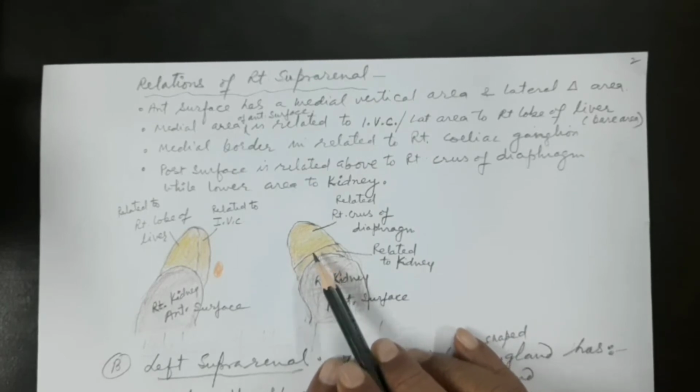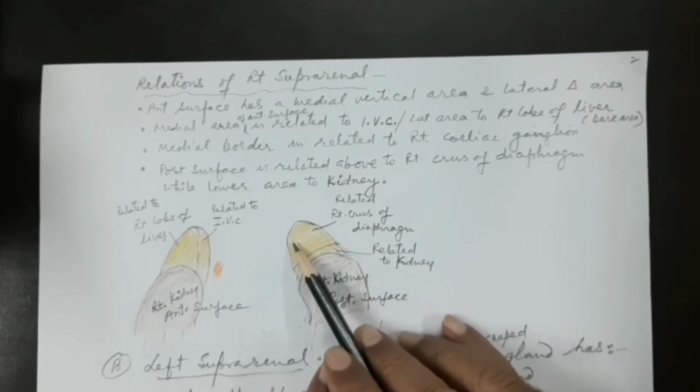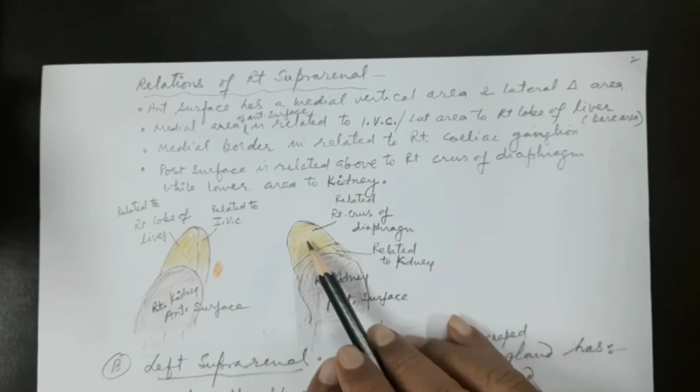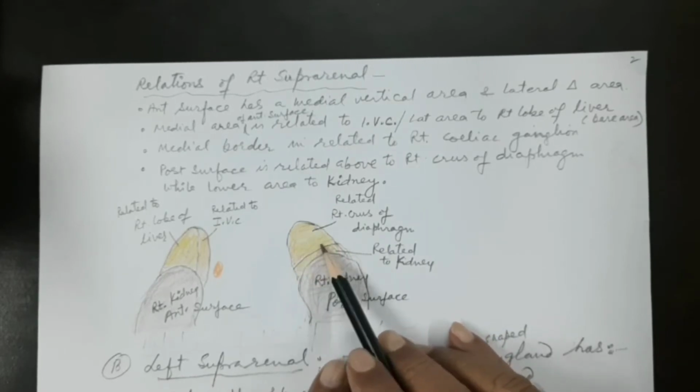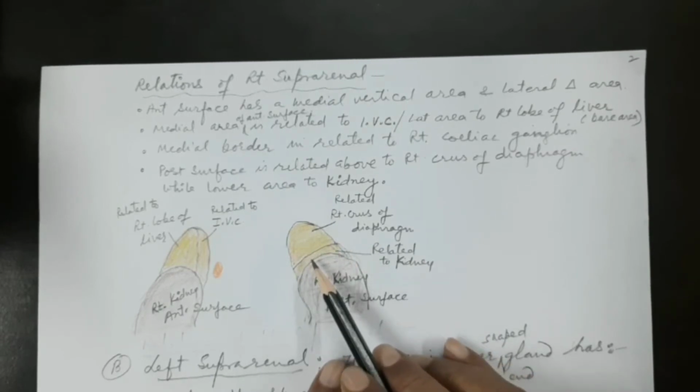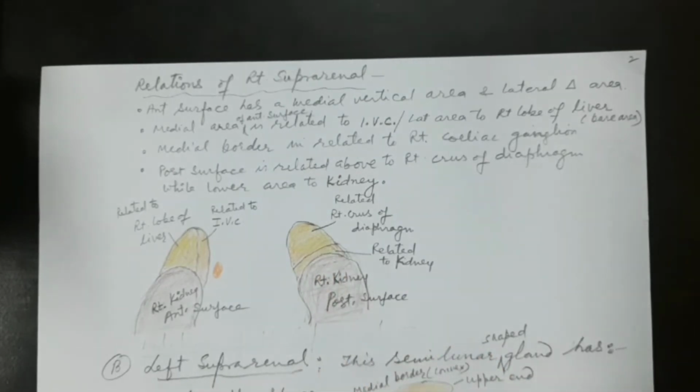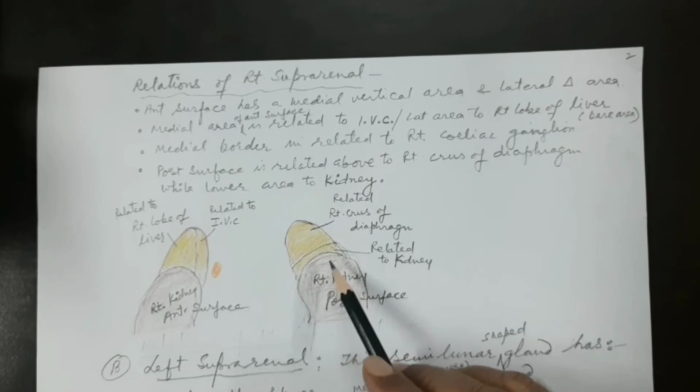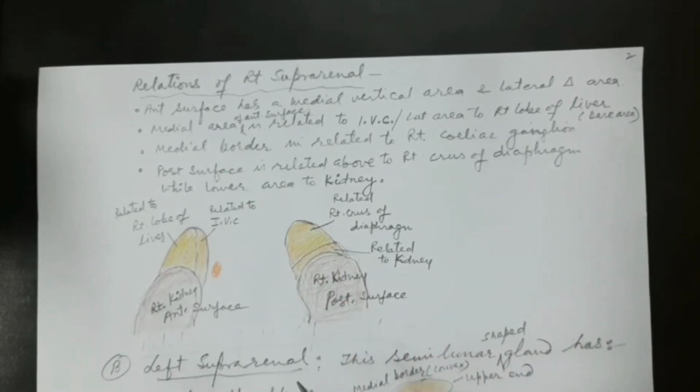A large area of the right suprarenal gland on the posterior surface rests on the right crus of the diaphragm, while a lower part is related to the right kidney, the apex of the kidney area.